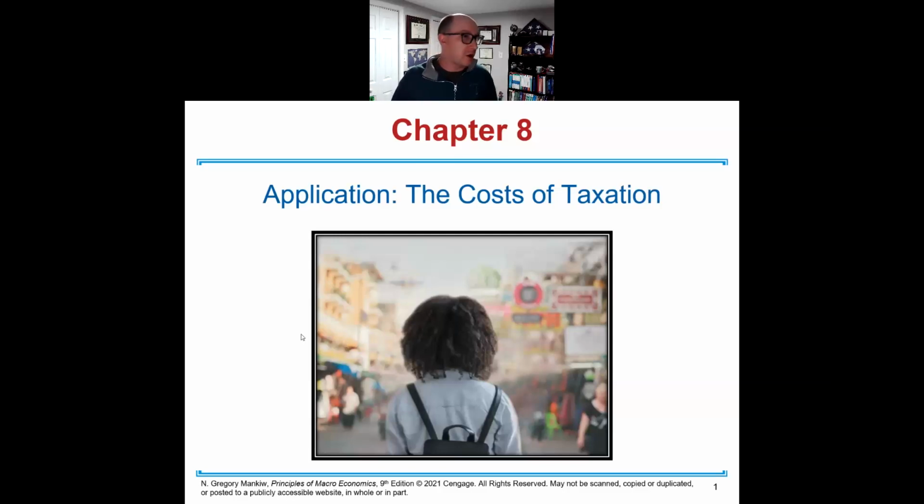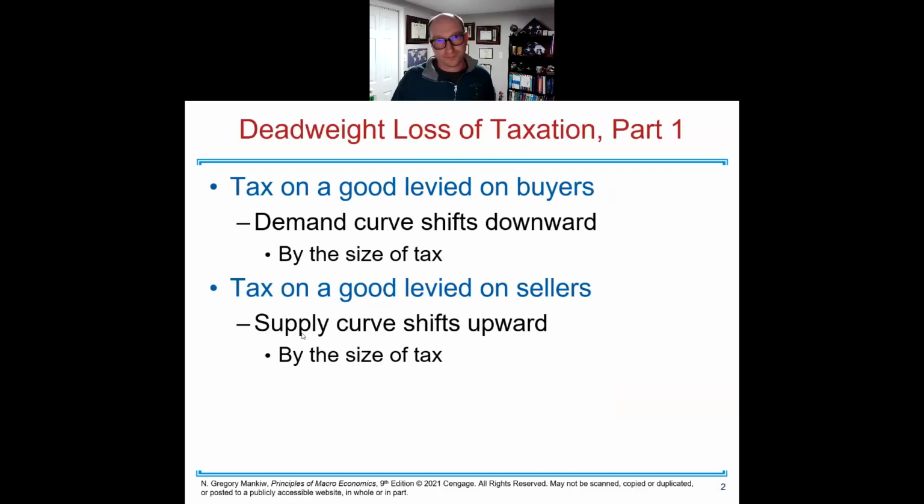So let's talk about the cost of those taxes. A tax on a good or a service is paid by the buyer. We, the consumers, pay taxes on the goods and services that we purchase. Based on this sales tax, the demand curve shifts downward by the size of the tax.